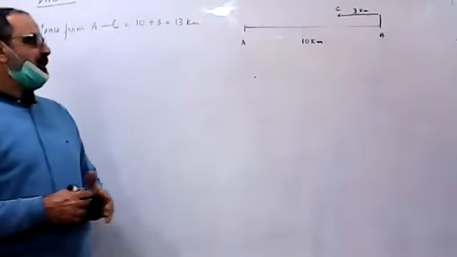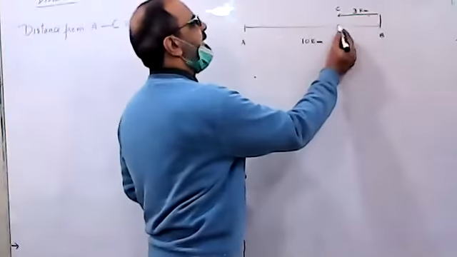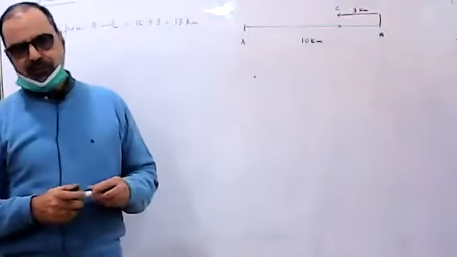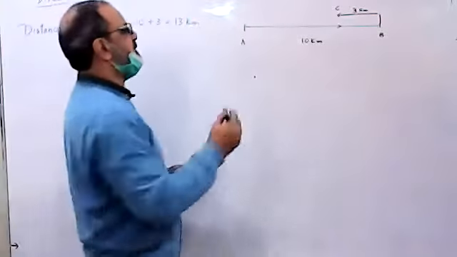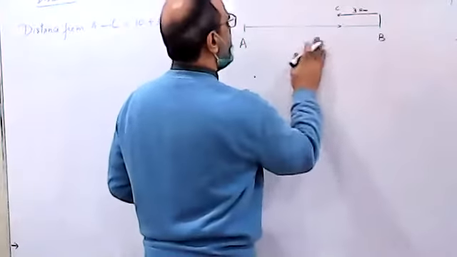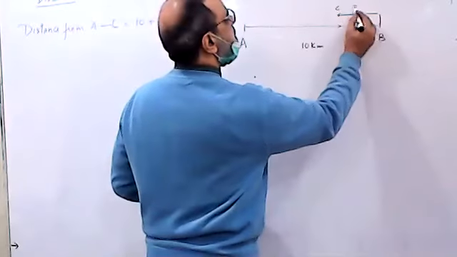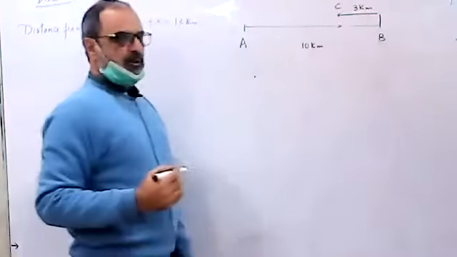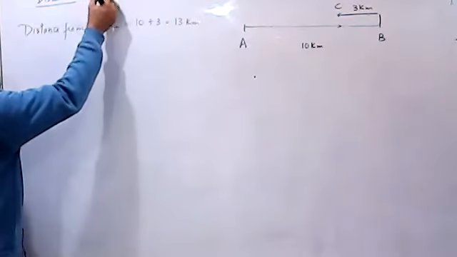While traveling from A to C, we have to move from A to B first and then take a U-turn to point C. So during this motion, we have traveled 10 plus 3 kilometers. And it is a scalar quantity.